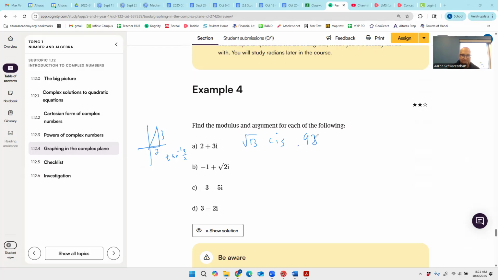This next one, -1, square root of 2. 1 plus 2 is square root of 3.